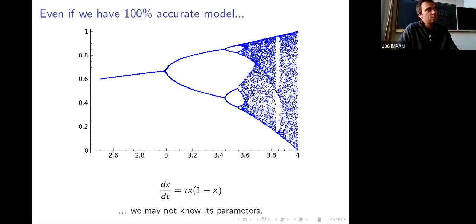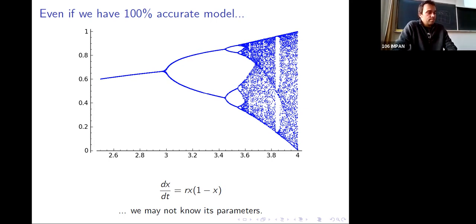So if I, as a mathematician, want to make predictions about this model, and they tell me R is something between 3.8 and 4, and they are very proud to get it that accurate, I still cannot say anything because we are in this chaotic regime. So in practice, I cannot do predictions, even if I know precisely the model.